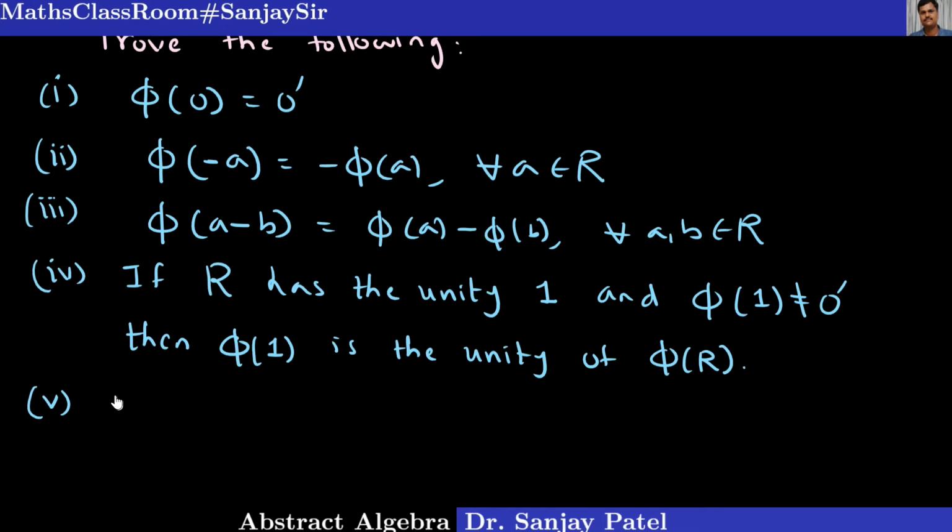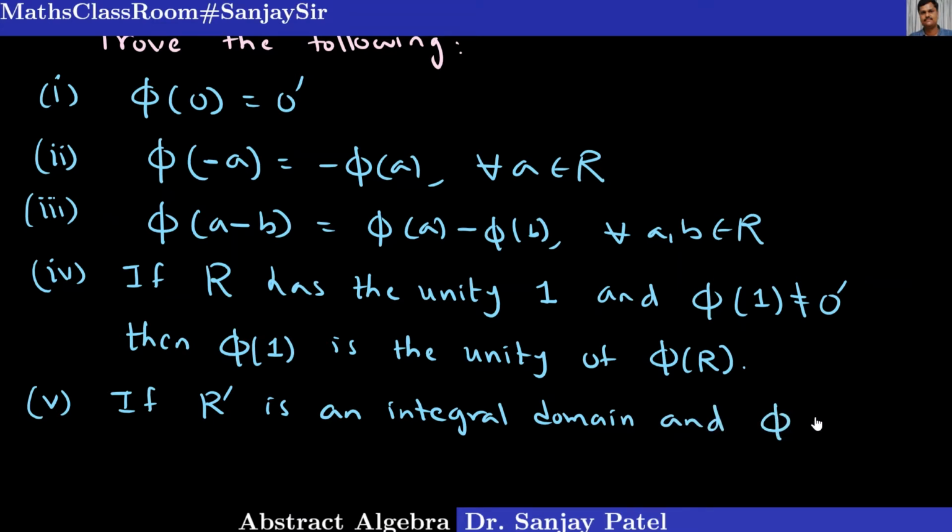So I'm writing in detail, if R dash is an integral domain and phi is not a zero homomorphism, phi is not equal to 0 dash, in this result 4, then prove that phi of 1 is equal to 1 dash.